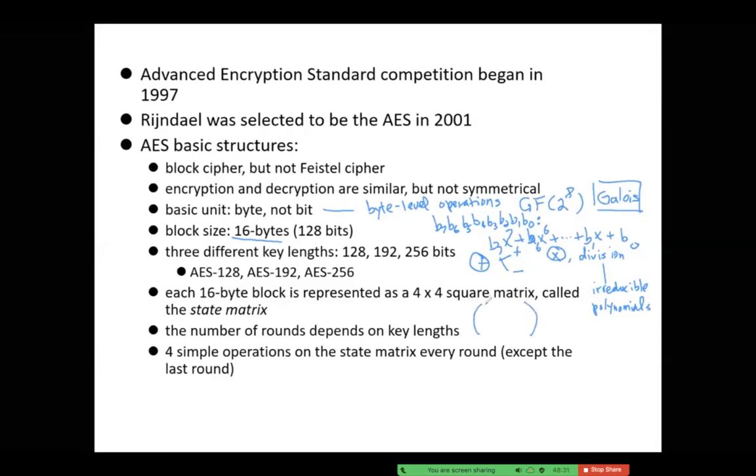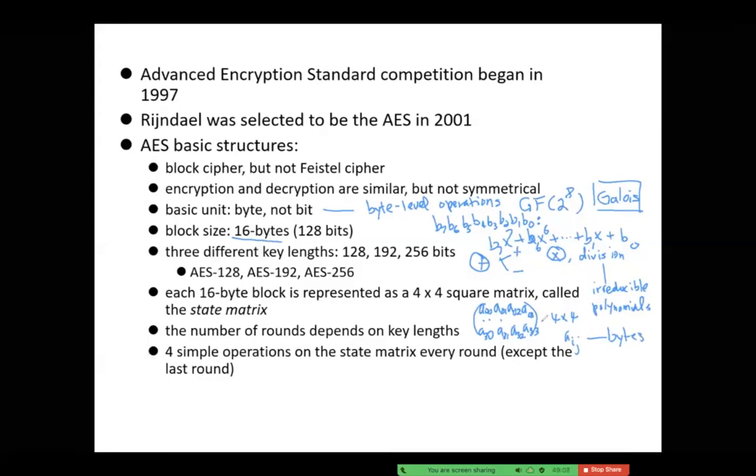So we got A00, A01, A02, A03, and then the last row is A30, A31, A32, and A33. So this is 4 by 4. Each of these Aij is a byte, so you got 16 bytes. So that is your block.